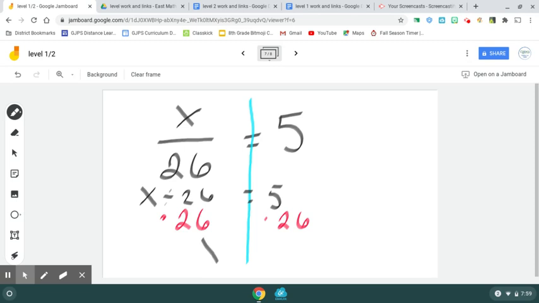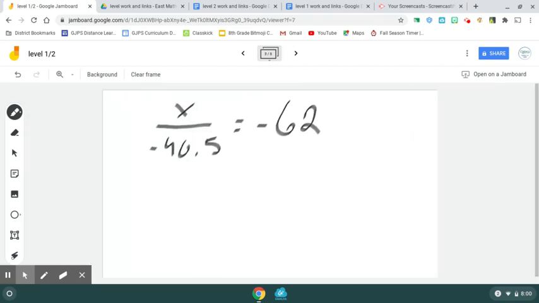So then we would result in getting just x by itself, or 1 times x, which is just x, equals 5 times 26. And then we can simplify that further: 5 times 26 is 130. And so that's our answer, 130.